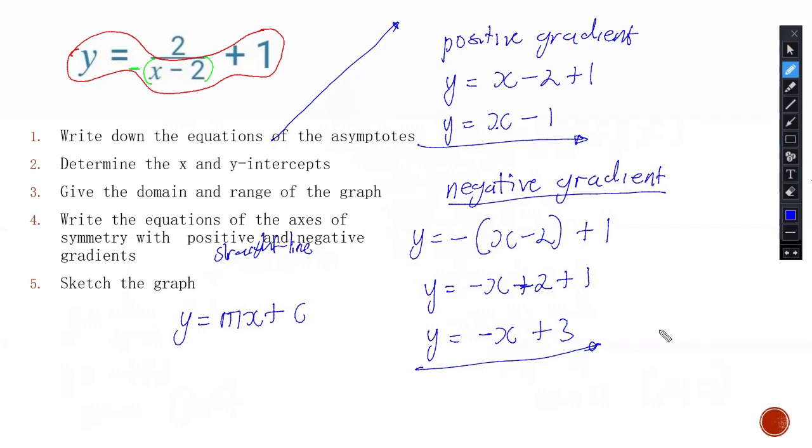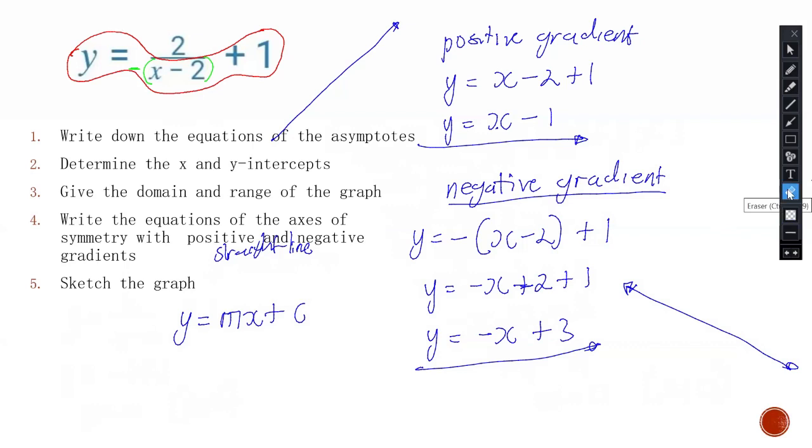If it's decreasing, that means it has what? A negative gradient. So if they say an axis of symmetry which is increasing, they're referring to the one with the positive gradient. If they say an axis of symmetry which is decreasing, they're referring to the one with the negative gradient. So the axes of symmetry are straight lines in nature.